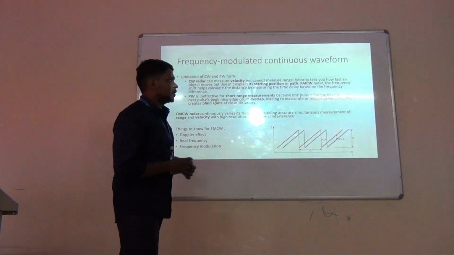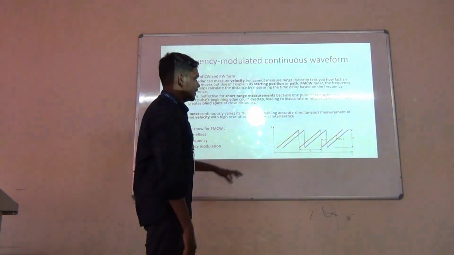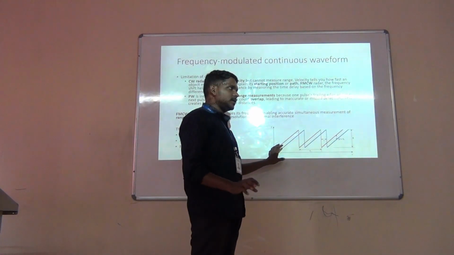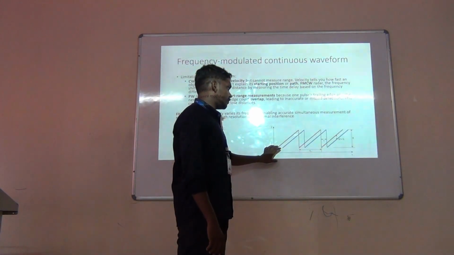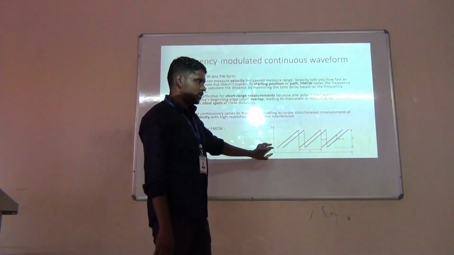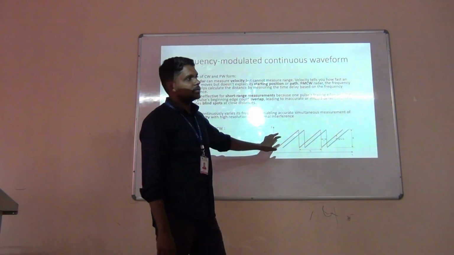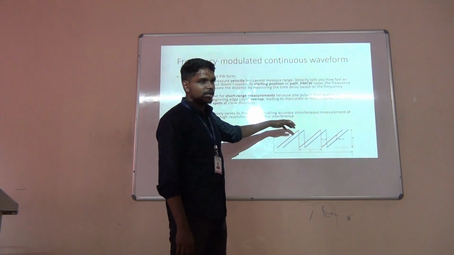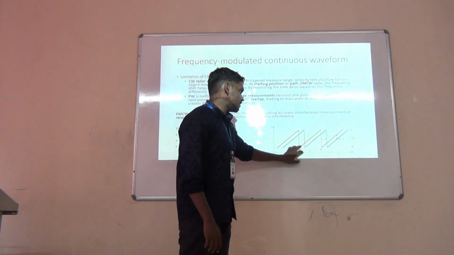This frequency modulated continuous waveform is a particular waveform similar to the continuous waveform. This is also continuous, but the only difference is that in the continuous waveform the frequency is constant, while in the frequency modulated continuous waveform, the frequency is modulated.